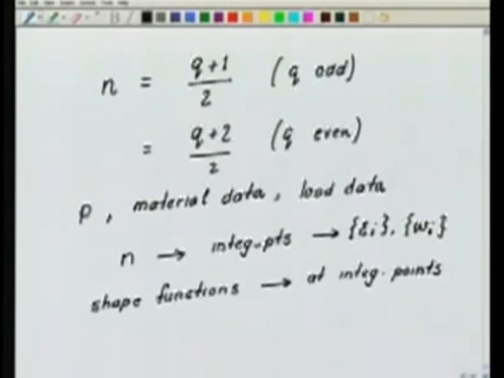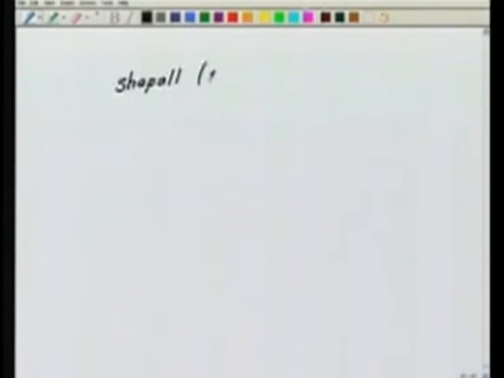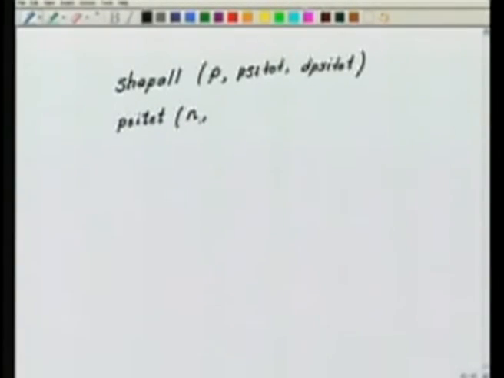So, how do we do this? We can have another routine which we can call shape all, which takes as input the p that we have and which outputs the following arrays. I am giving them some names, PSI dot and DPSI dot, where PSI dot can be an array of size the number of integration points n times p plus 1, and DPSI dot is also of size n by p plus 1.